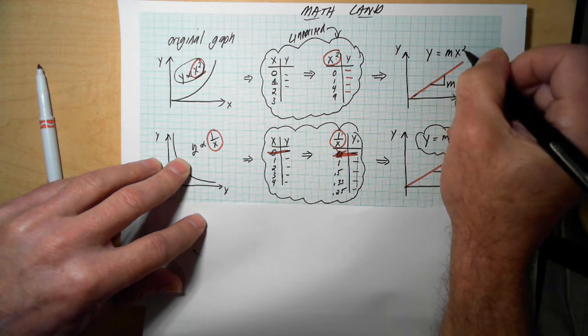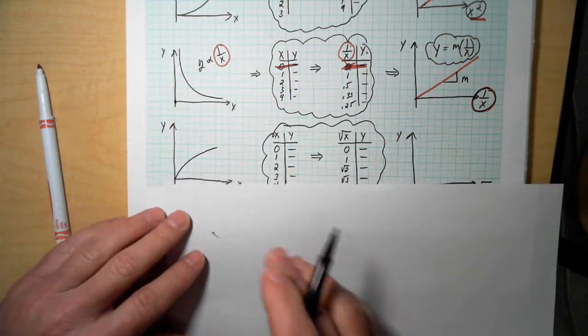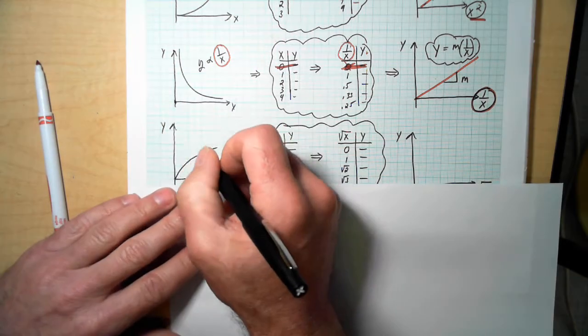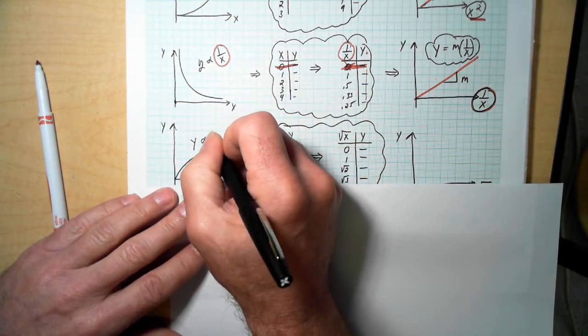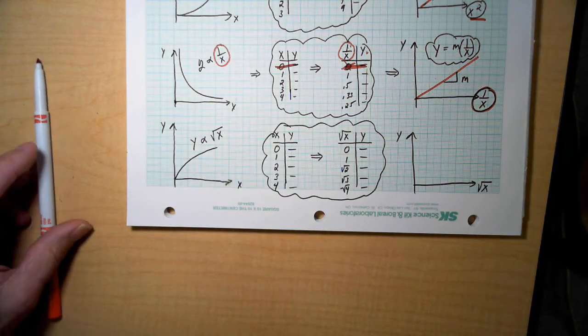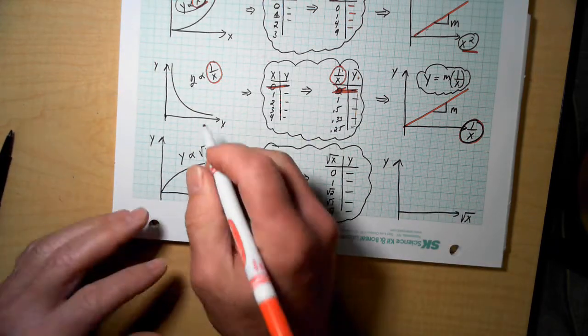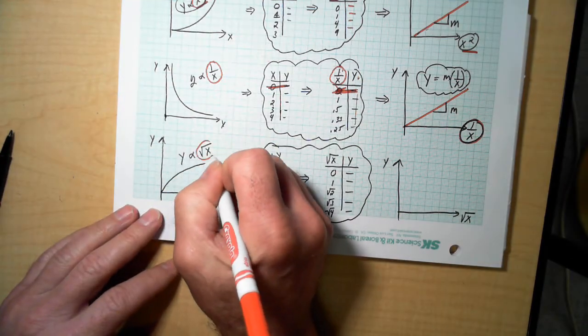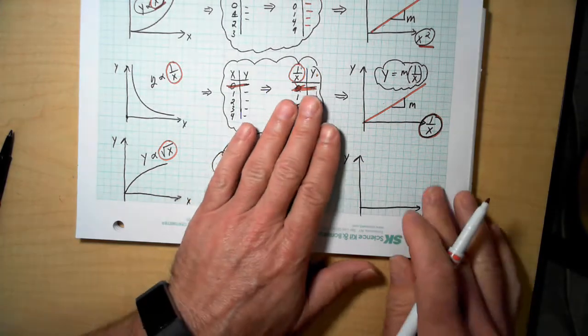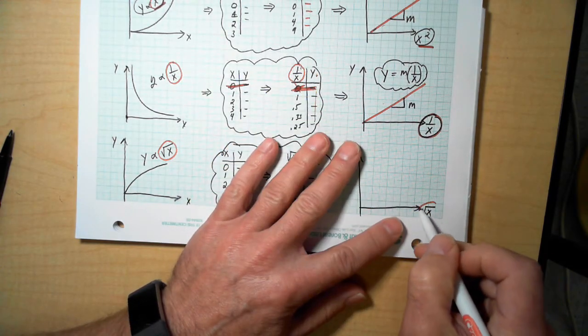All right, the last graph shape is the sideways parabola, which suggests that y is proportional to the square root of x. So similar process. Ultimately, since y is proportional to the square root of x, on your linearized graph you're going to plot y versus not x, but the square root of x.